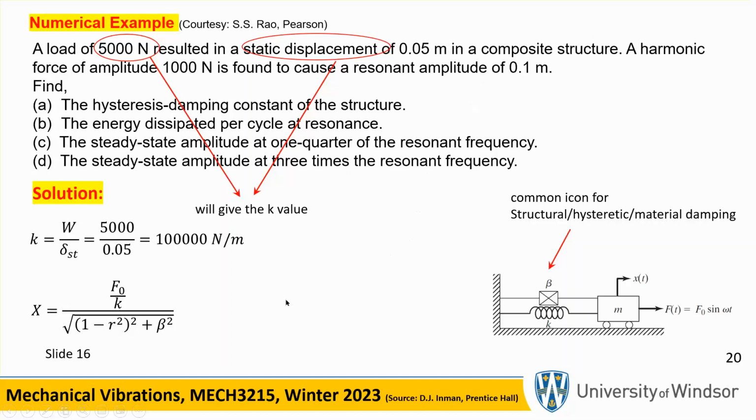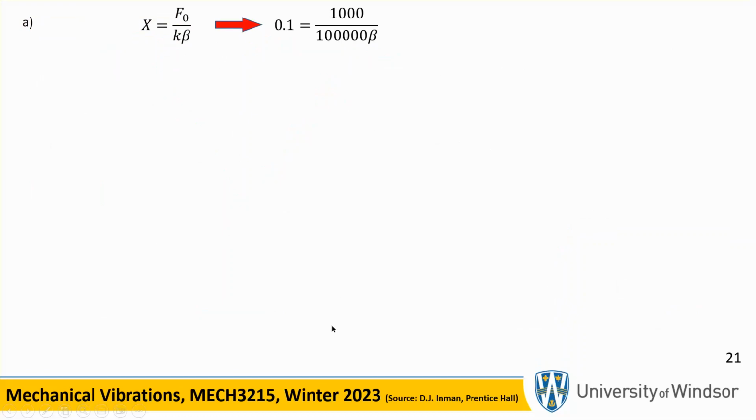This is the relationship we have on slide 16. I wrote the formulas here for the solution of the hysteresis or material damping. When R is equal to 1, this guy goes away, and we know big X, we know F naught, we know K, and we can find beta.